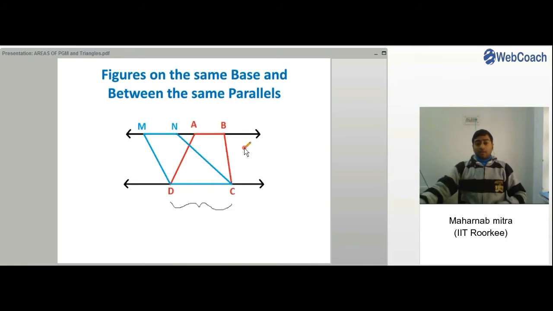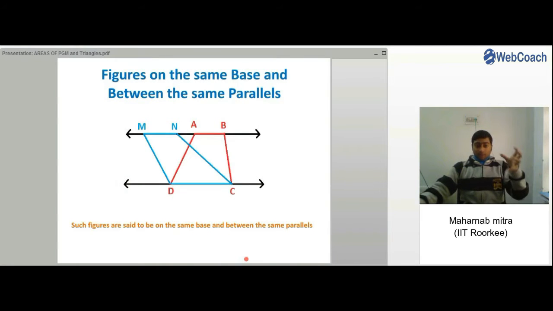So these kinds of figures are said to be on the same base and between the same parallels.